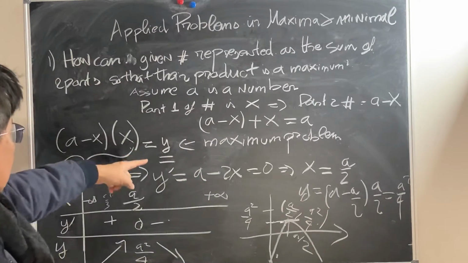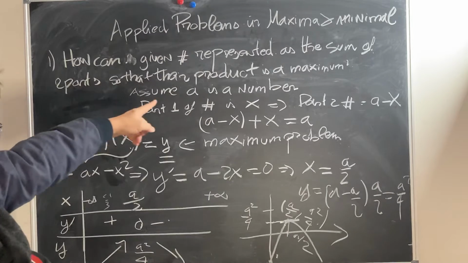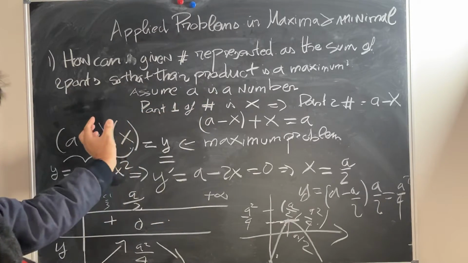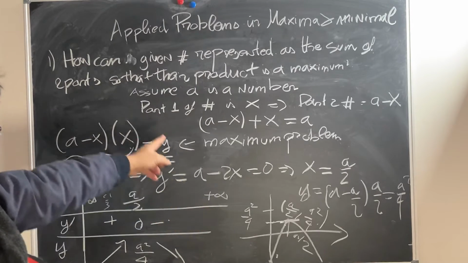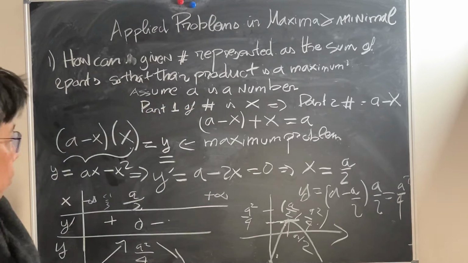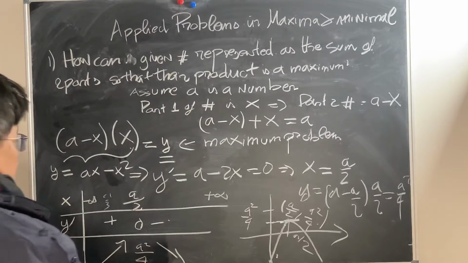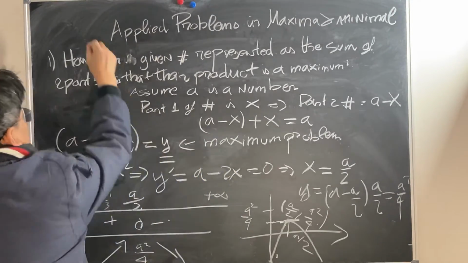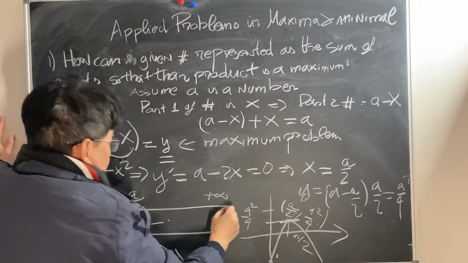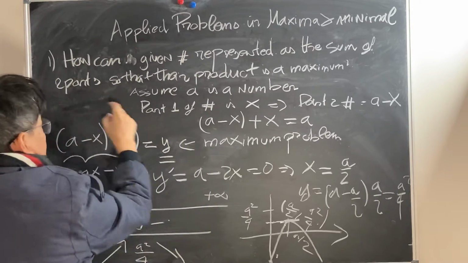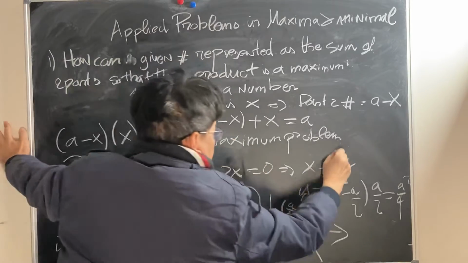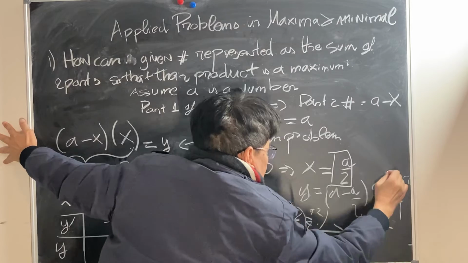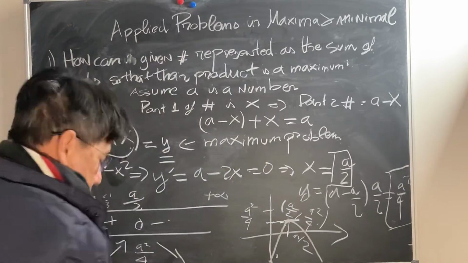So the product is maximum when the number equals a over 2, and the product will be equal to a squared over 4. So the answer would be when the number equals a over 2, and the maximum product will be a squared over 4.